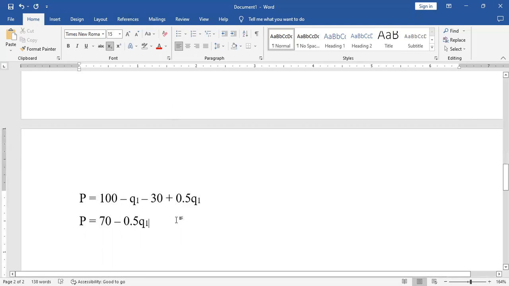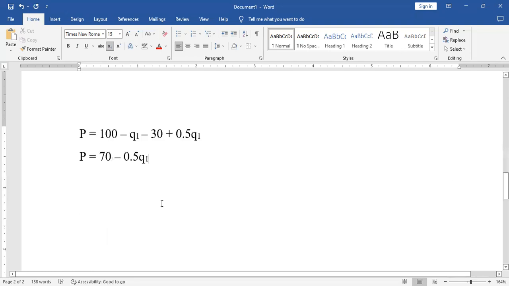Negative 0.5 Q1, like that. So now we have this function, which reflects FEM1.